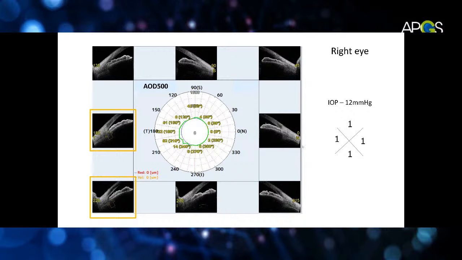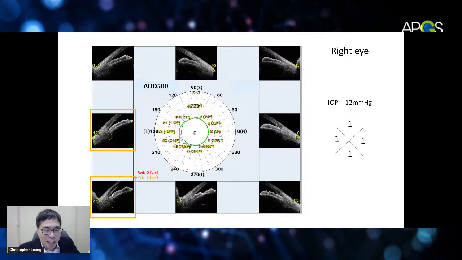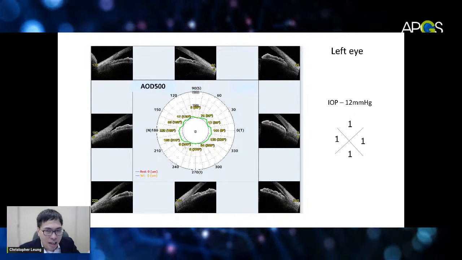But here, we have about 180 degrees with ITC. On the left, you can see there are some angle meridians with a pretty big gap of angle opening. This is the right eye, and this is the left eye.